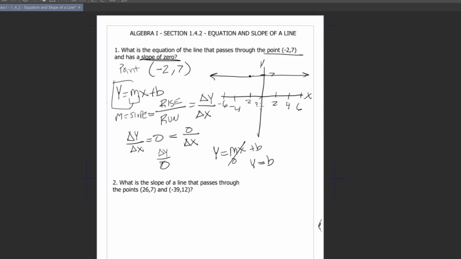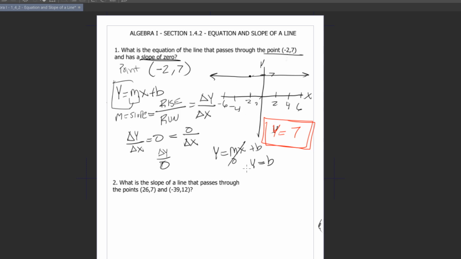We are saying that y does not change whenever x changes by saying the slope is 0. Thus, whenever x equals 0, y continues to equal 7. So we know that our equation is y equals 7.